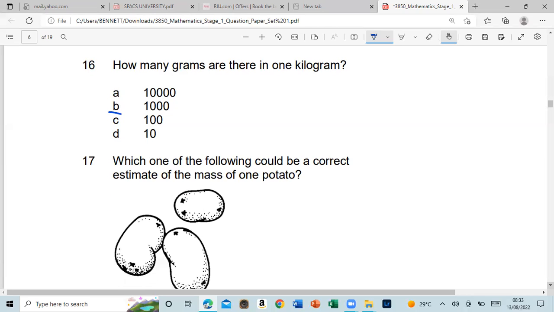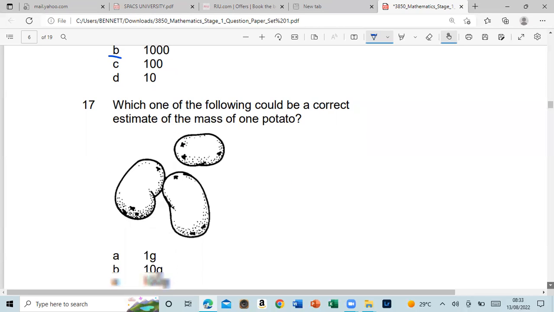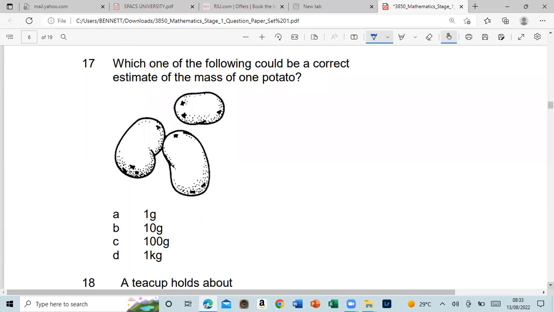So 1,000 meter make 1 kilometer, and 1,000 gram make 1 kilogram. So kilo means 1,000. Which one of the following could be correct? Estimate of the mass of 1 potato. 1 gram, 10 gram, 100 gram, or 1 kilogram.